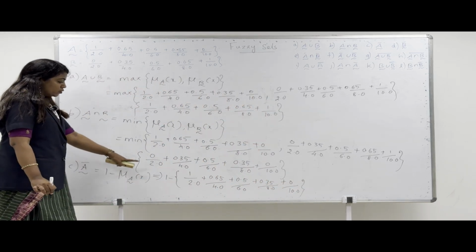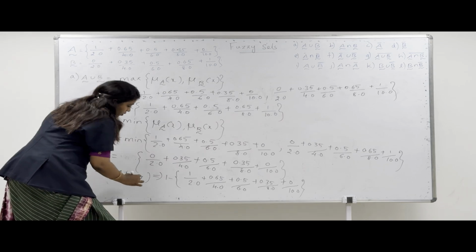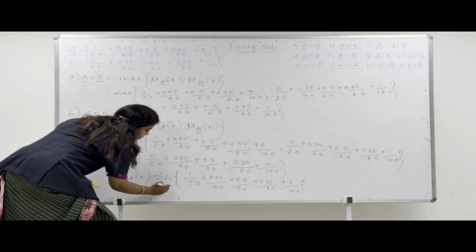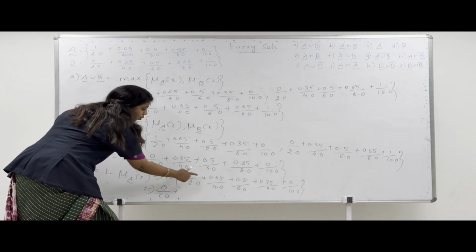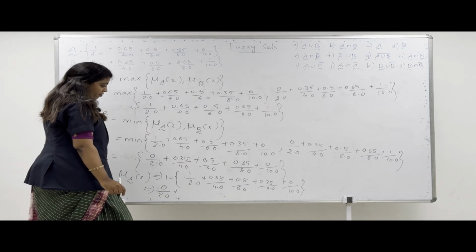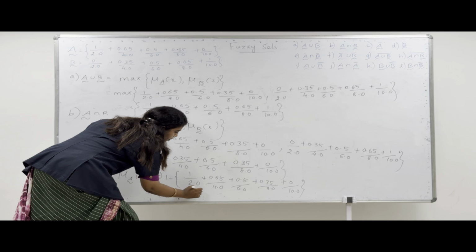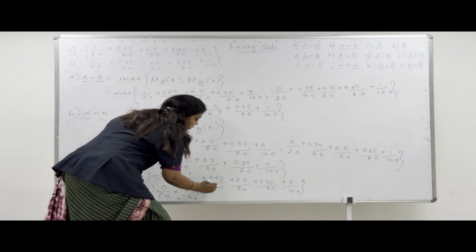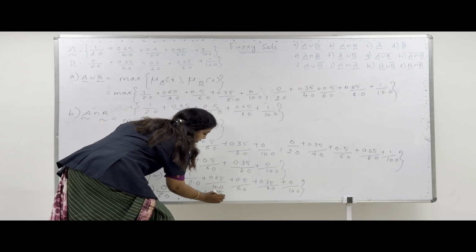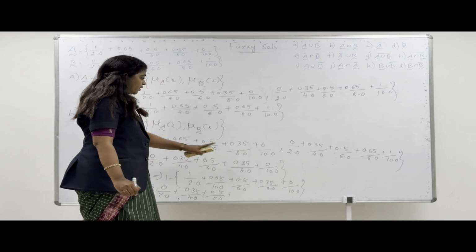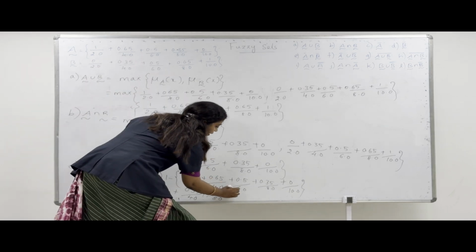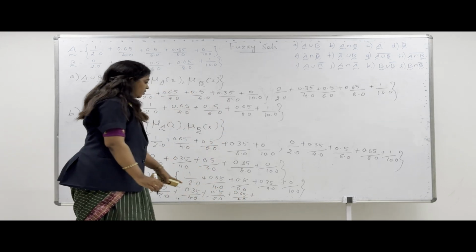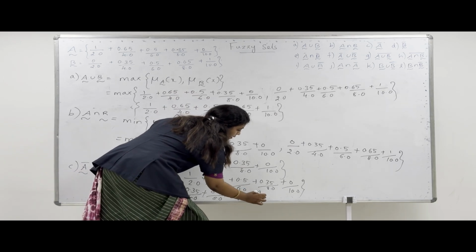Okay. So, here we have to subtract this value from 1. So, 1 minus 1, that is 0, so 0 by 2.0 plus 1 minus 0.65, that is 0.35 by 4.0 plus 1 minus 0.5, 0.5 by 6.0 plus 1 minus 0.35, that is 0.65 by 8.0 plus 1 minus 0, 1, that is 1 by 10.0.